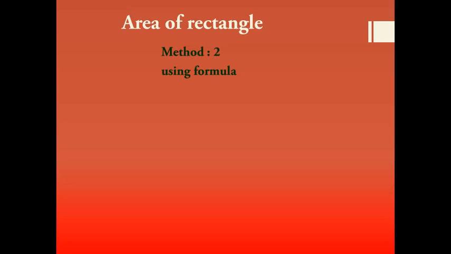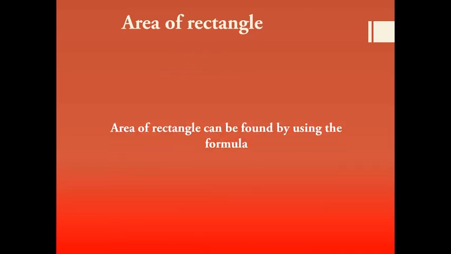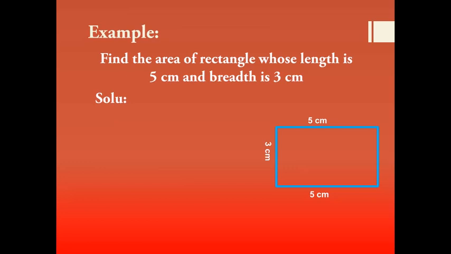Let's see how we find area by using formula. First, area of rectangle. Area of rectangle can be found by using the formula: area of rectangle is equal to L into B. Here L is equal to length and B is equal to breadth. So let's take an example.